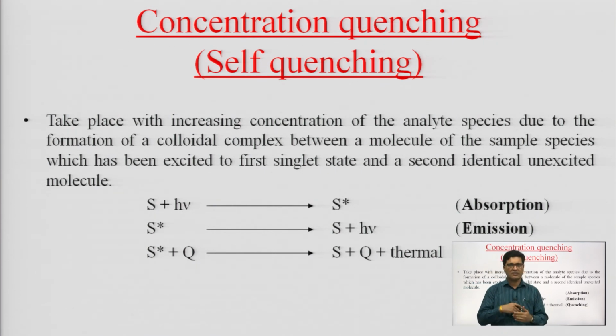So, energy is generally transferred from the first excited singlet state to the unexcited molecule. The molecules themselves transfer energy among themselves, and no fluorescence is generally observed, and by transferring the energy to the unexcited molecule, it directly comes back to the ground state. So, this mainly happens when the concentration is relatively very high.